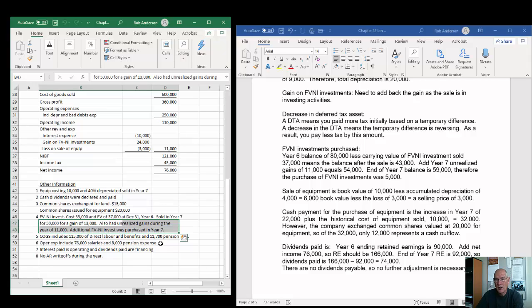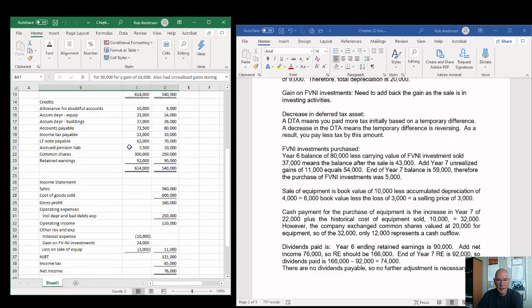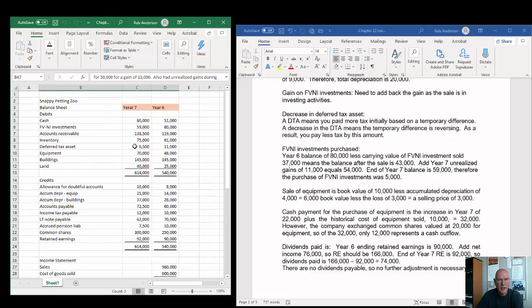Okay, so unrealized gain, of course, means no money, right? So that means, in effect, that we only bought $5,000 worth, okay? And again, I'll go up here, and fair value net income is 59. So we end up with $5,000.